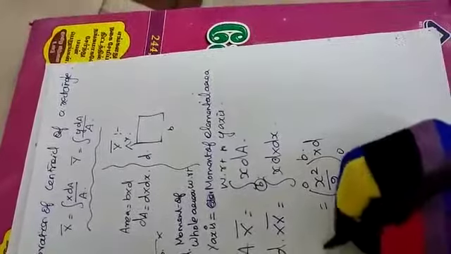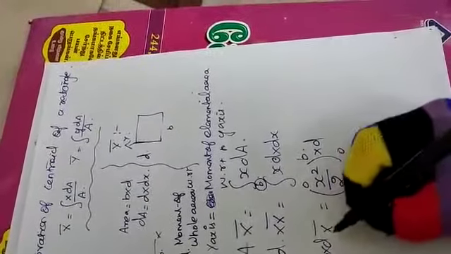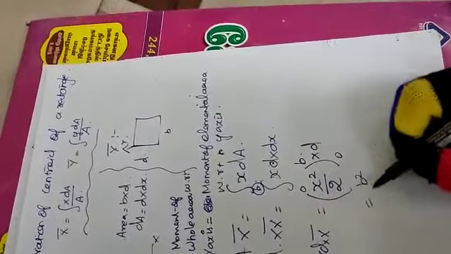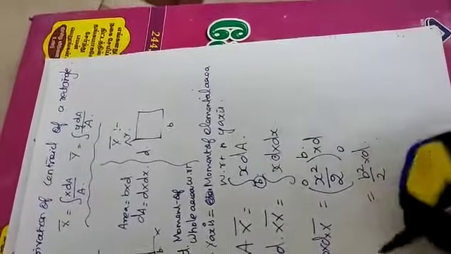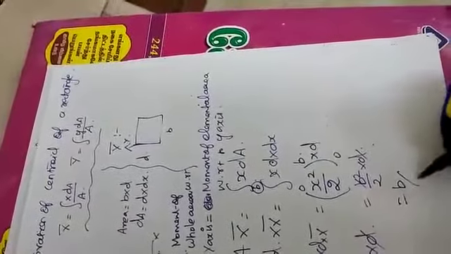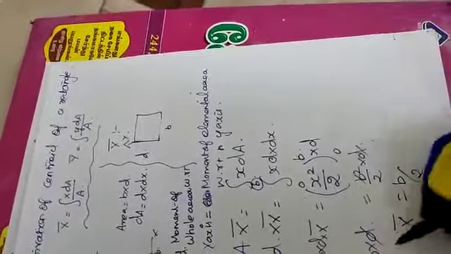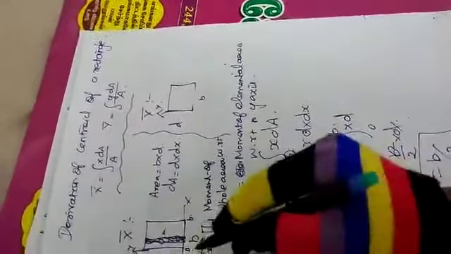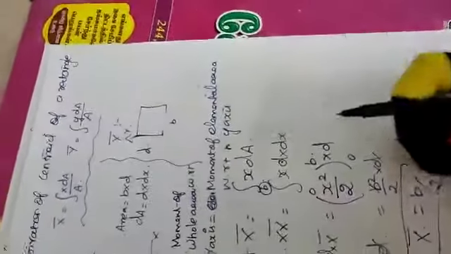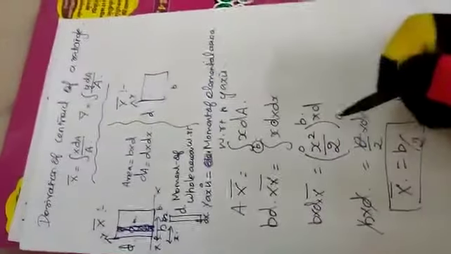So b d x bar equals b square by 2 multiplied by d. The b gets cancelled and d gets cancelled, so x bar is b by 2. Already we know that, right? We have used it in the support reaction formulas.